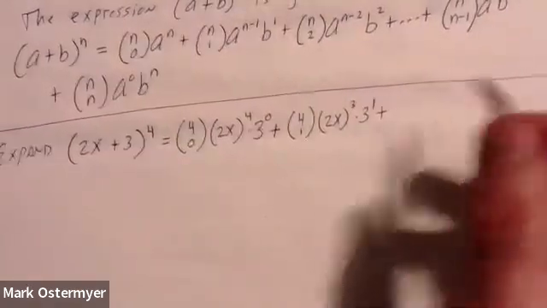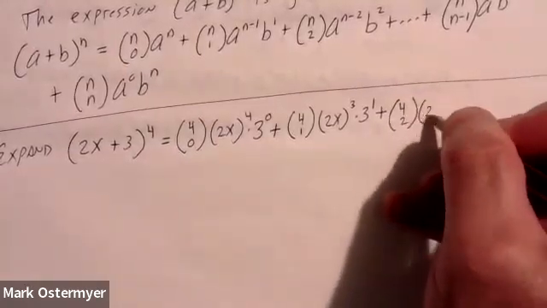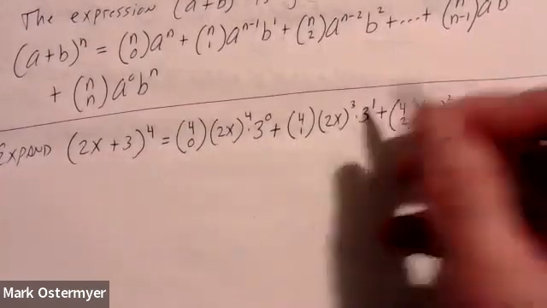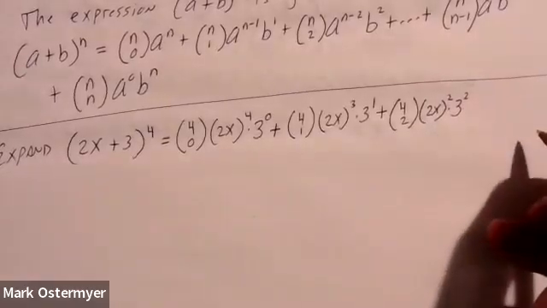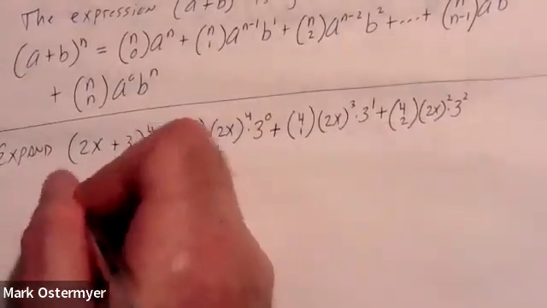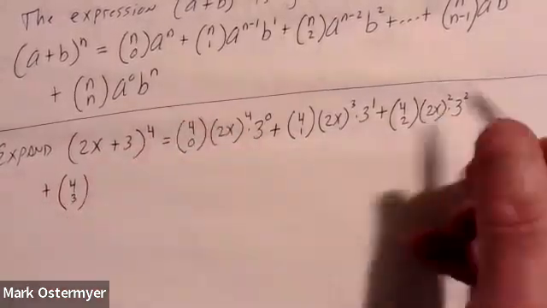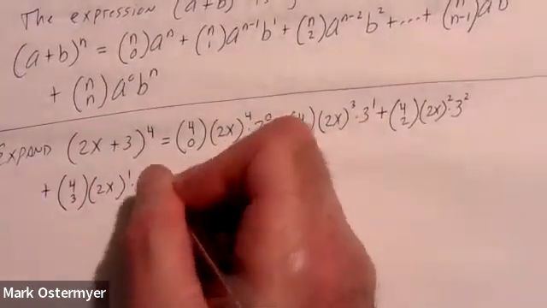The coefficient of the third term is going to be 4 choose 2, times the first term's power decreased by 1 down to the second power, and the second term's power increased by 1 to the second power. Plus, the next term is 4 choose 3, that would be its coefficient, times the first term's power decreased down to the first power, times the second term's power increased to the third power.